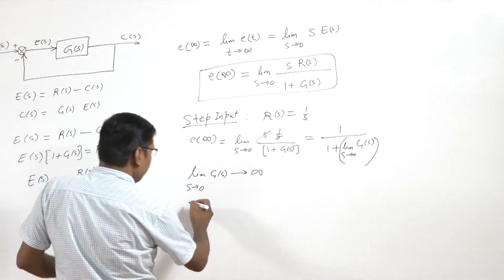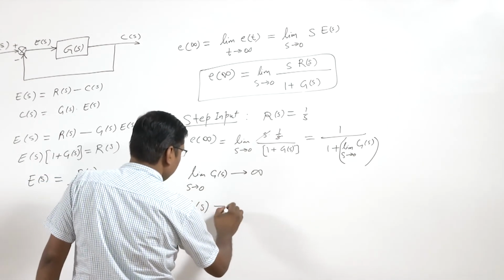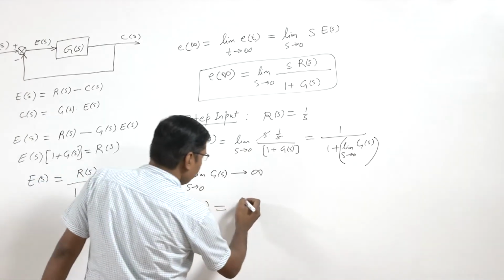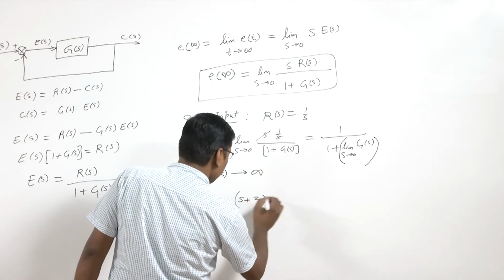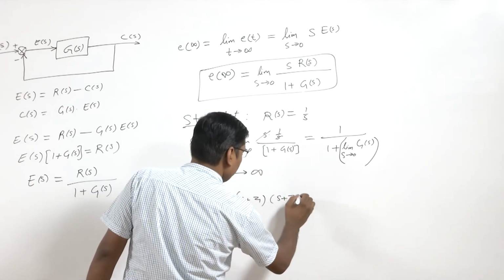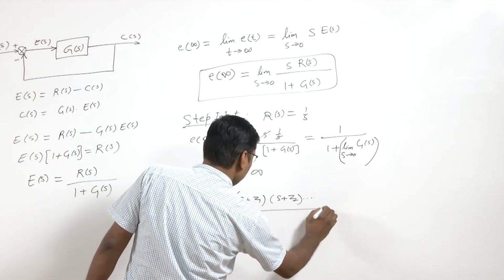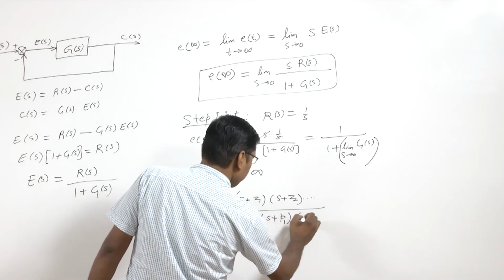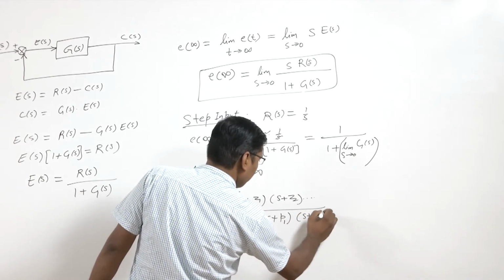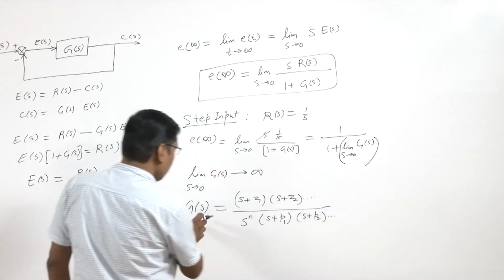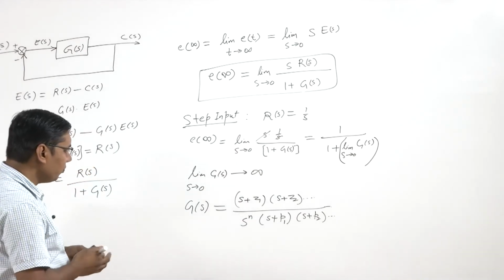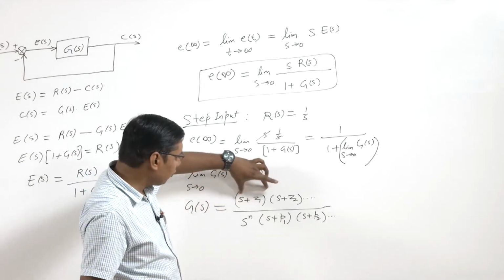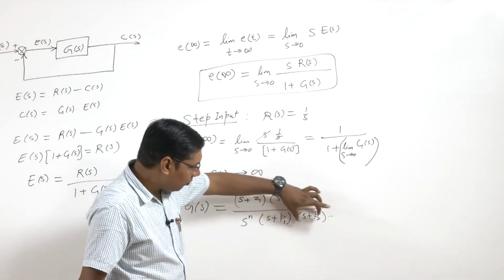And therefore G(s) must take this form: (s + z1)(s + z2) over s^n (s + p1)(s + p2) and so on. So you see here G(s) is a transfer function, so it could have some zeros, and these are the poles.